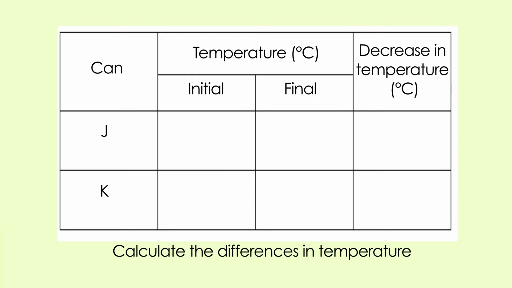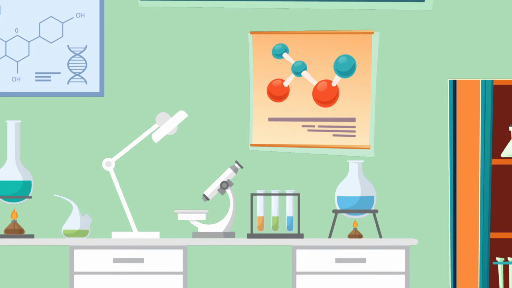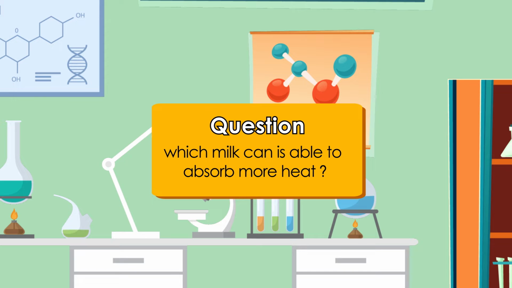After 10 minutes, put out the flame of the Bunsen burner. Observe and record the final temperature of both cans. Calculate the differences in temperature. So, which can absorb more heat?